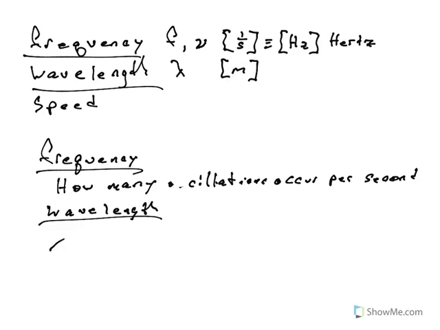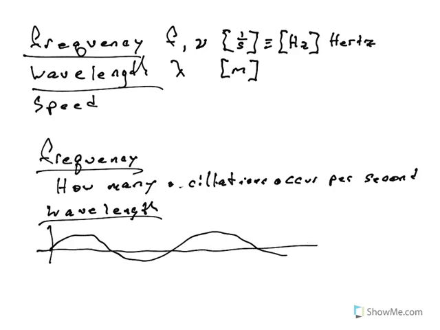If we look at a wave, let's say this is a wave here, if this is a plot of the amplitude versus distance, so as a wave is traveling to the right, let's say, it's oscillating up and down. The wavelength is defined as the distance the wave travels in making one oscillation.